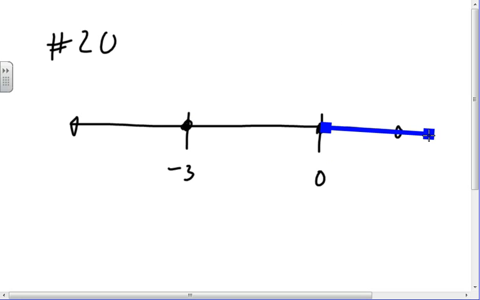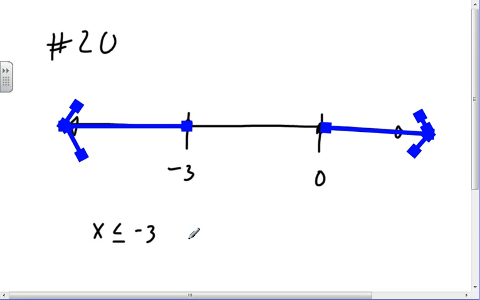I'm going that way, and I'm going this way. So x is less than or equal to minus 3. That's that part there. And the other part is x is greater than 0. That's the part over there.